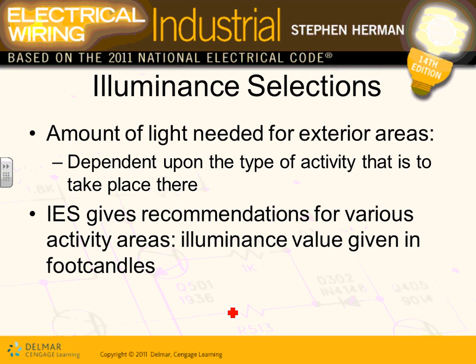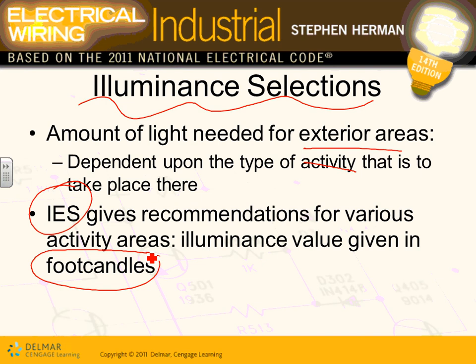Okay, so the last thing is, after we maintain the fixture, pick a fixture that's least maintenance, lives long, and is easy to get to and change. Illuminance selection. For the exterior areas, guys, you have to depend upon the type of activity. Of course, the Illuminating Engineering Society of North America, or IES, will give you recommendations for foot candles we can use in different applications.